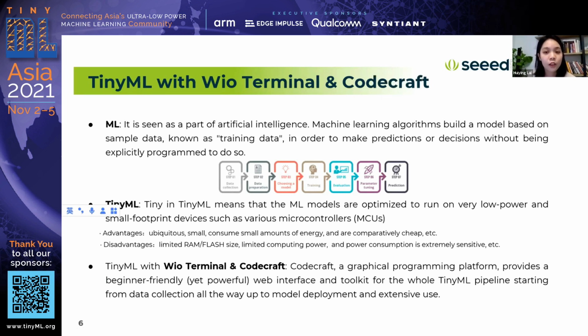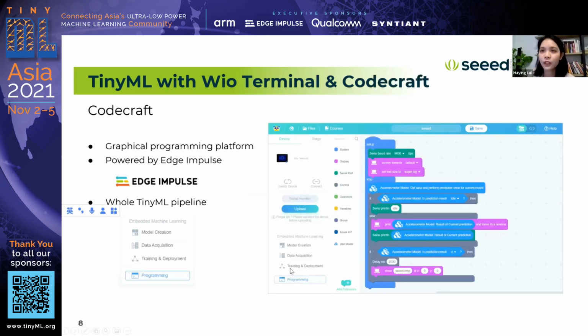In other words, what kinds of missions we can achieve with our tinyML. However, as a beginner, we don't need to worry about that with our Wire Terminal and CodeCraft. Let me detail the Wire Terminal and CodeCraft and how to use Wire Terminal to achieve our tinyML.